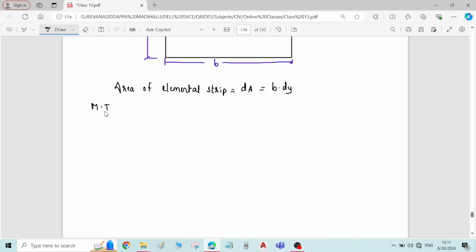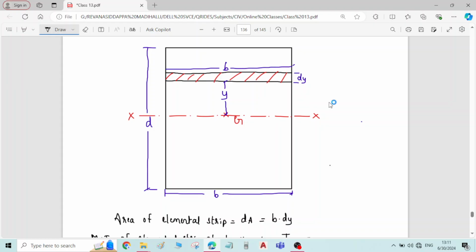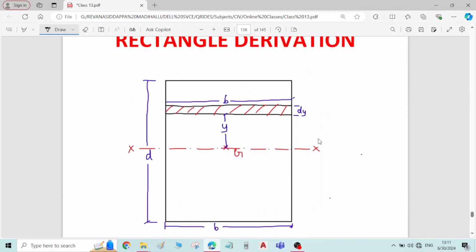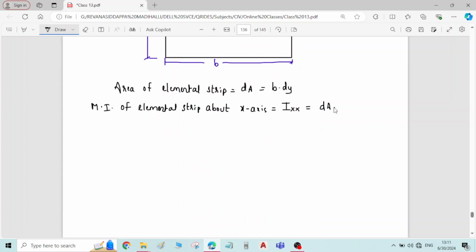Moment of inertia of elemental strip about x-axis is equal to Ixx, moment of inertia is area into distance square, area of the elemental strip is dA into distance is y, dA into y square.